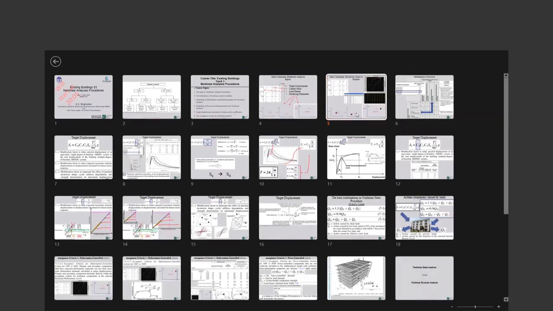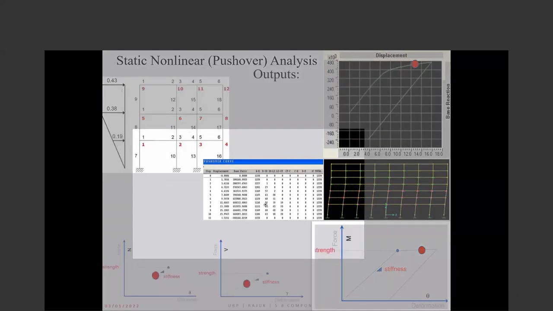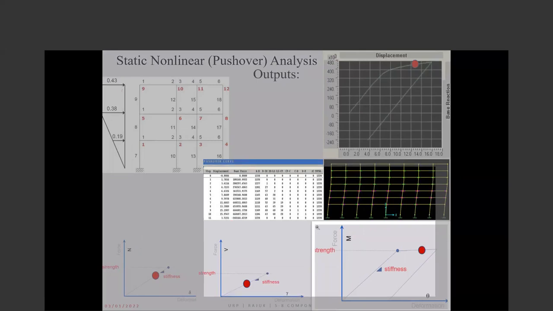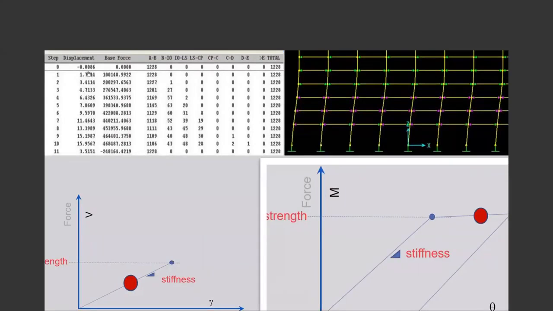So they even give us tables such as these, where step by step, at first just the gravity load was applied, then step by step the lateral load is increasing.